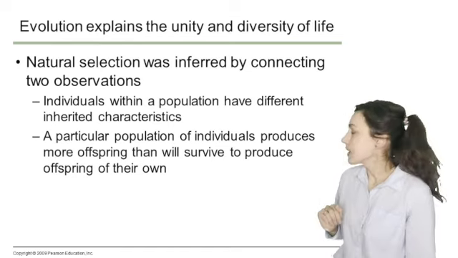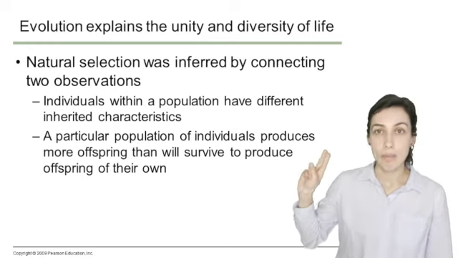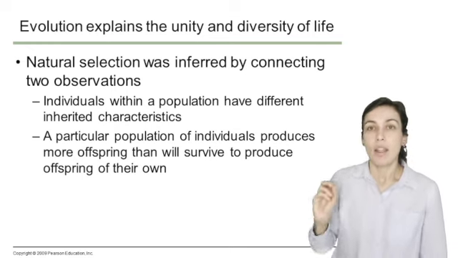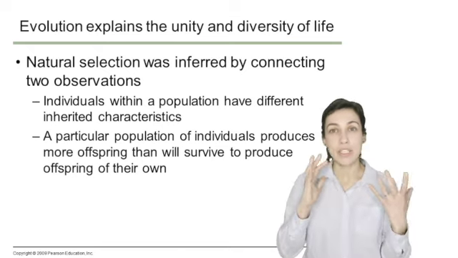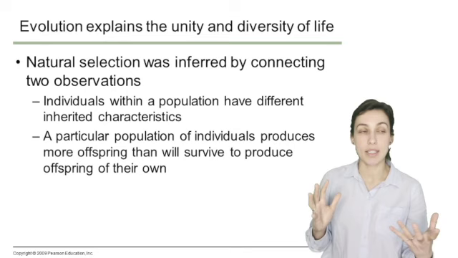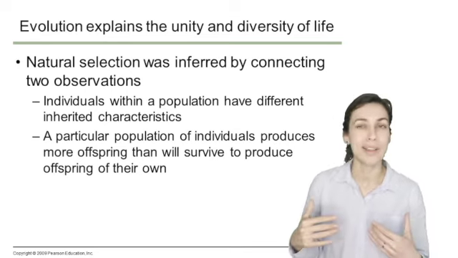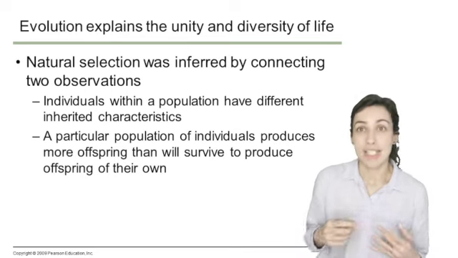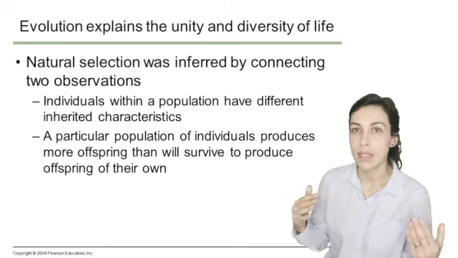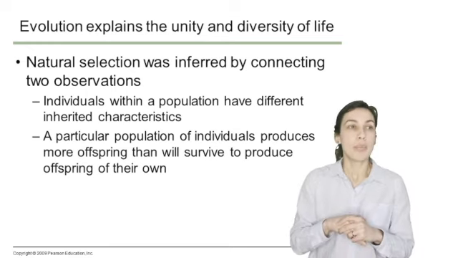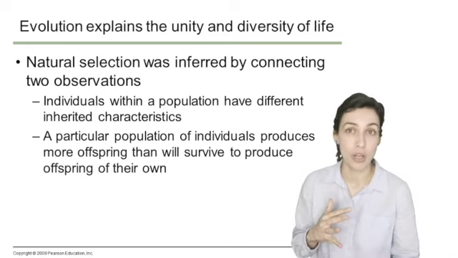Okay. Natural selection is able to work because of two main observations. First, individuals in a population have different inherited characteristics, right? Someone's taller, someone's shorter, someone's wider, someone can digest dairy, someone has a protein that is able to protect them from certain harmful substances in food while others don't.